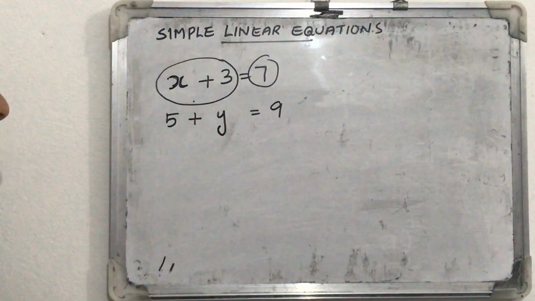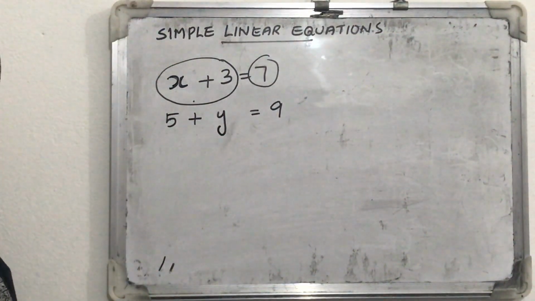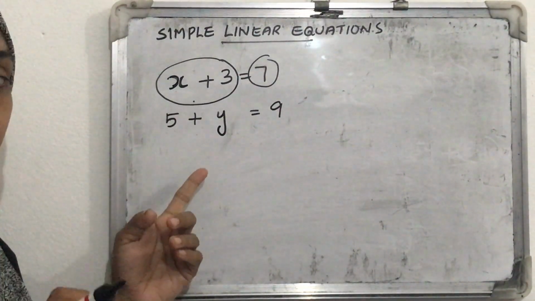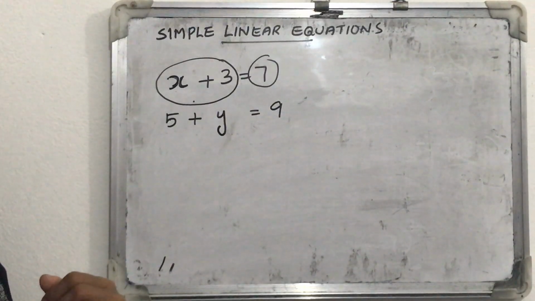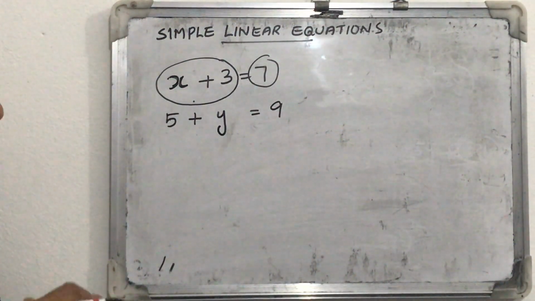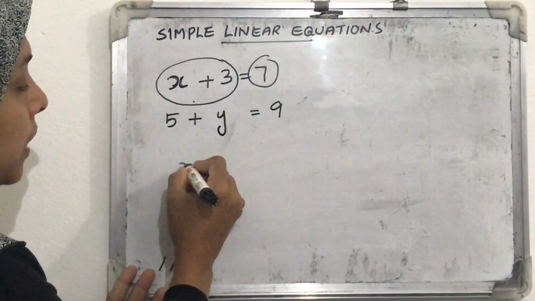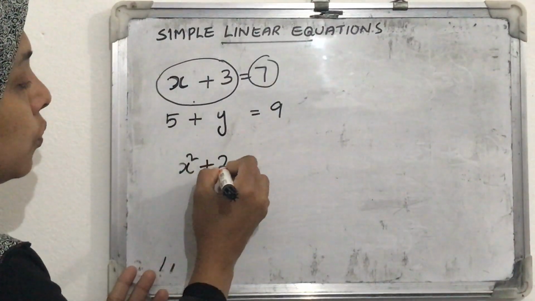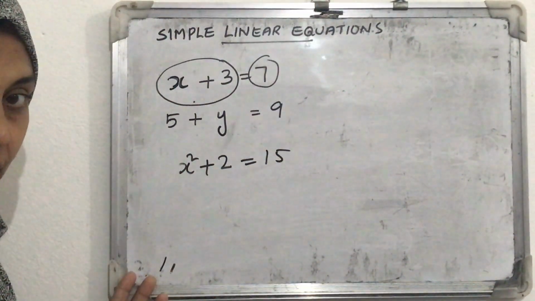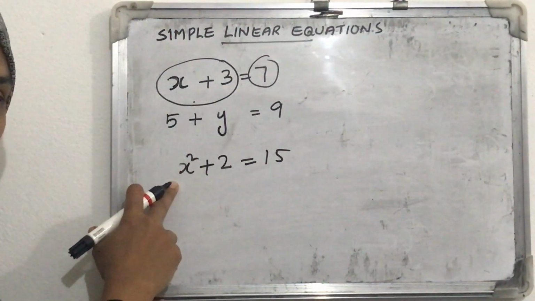Now we know how to find unknown values. If an equation has variables with only power 1, such equations are called linear equations. Another equation, x square plus 2 equal 50, is also an equation, but here the power of the variable is 2.